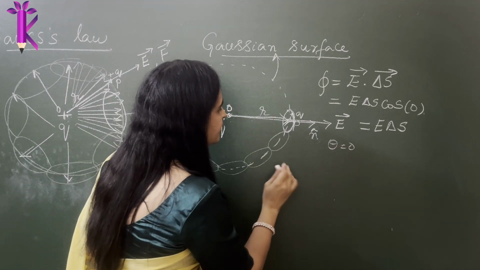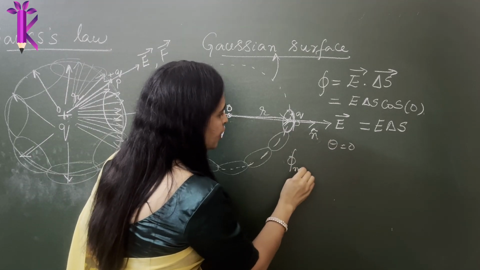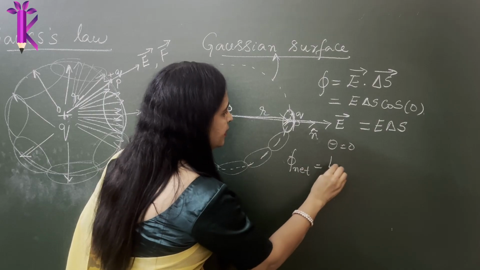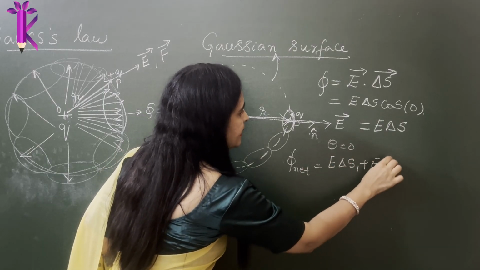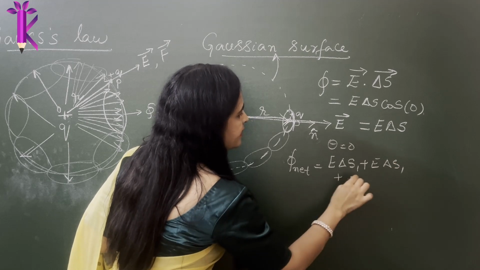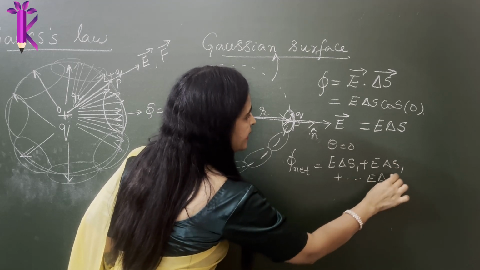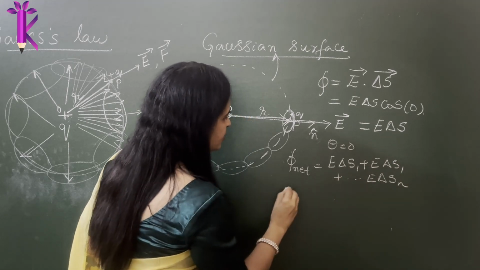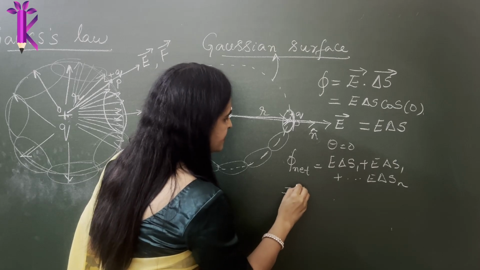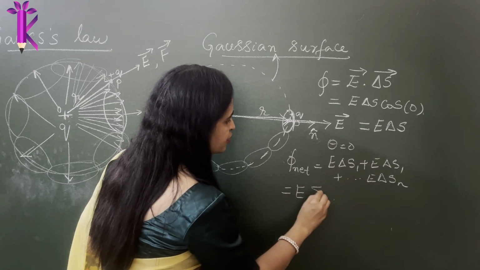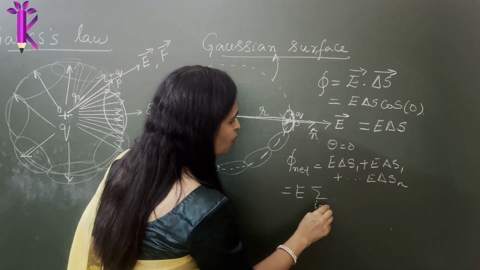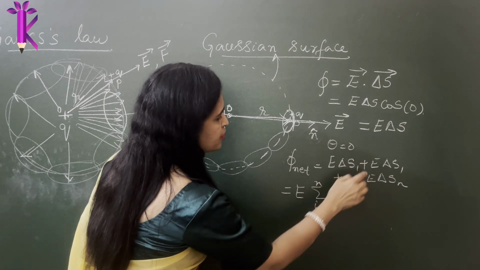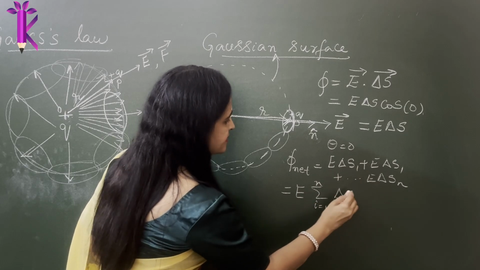Therefore, the net electric flux is E delta S1 plus E delta S2, and so on, up to E delta Sn. In other words, you can simply write it as electric field E into the sum over i from 1 to n of delta S.